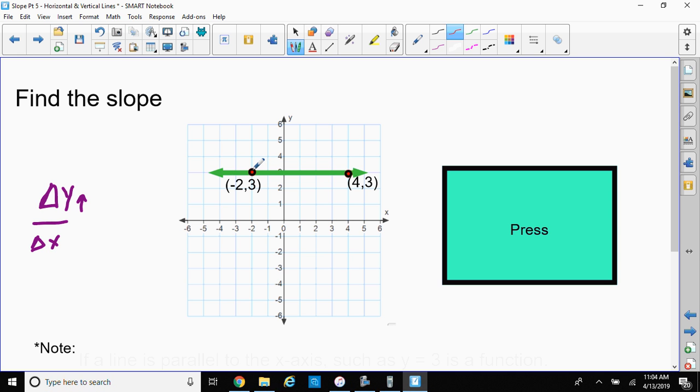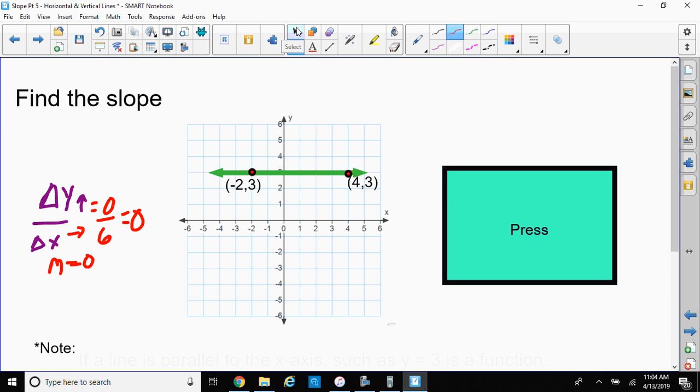I'm going from this point to this point here. So how many boxes do I go up? Well, I don't go up any boxes. So that's going to be equal to the change in y, which is 0. Now, how many boxes do I go across? Well, let's see. 1, 2, 3, 4, 5, 6 boxes across in order to get from one point to the other. Now, 0 divided by 6, that would just give us 0. So our rate of change, or our slope, is equal to 0. So this would be a 0 slope.